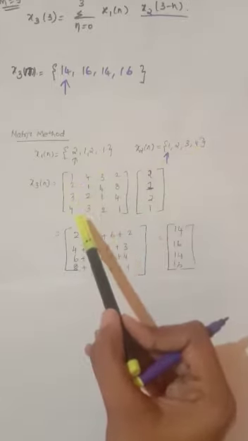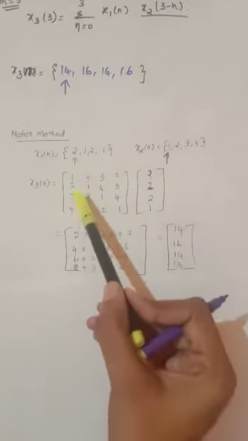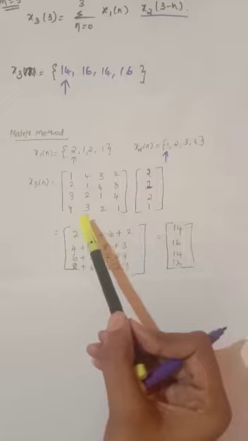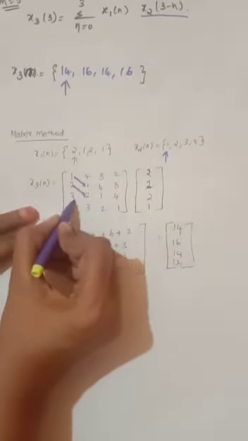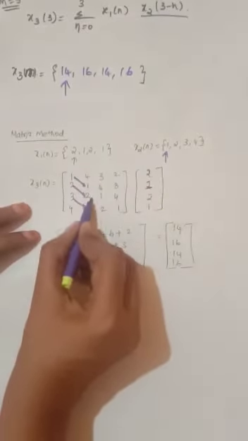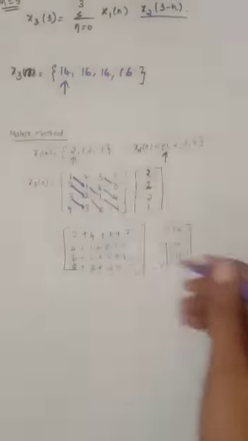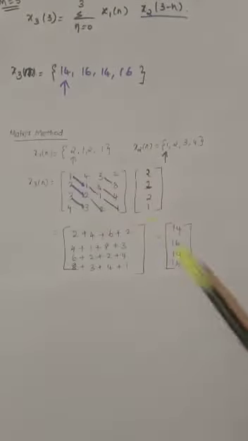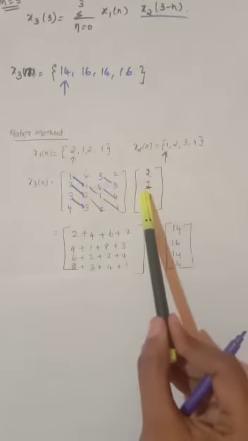Similarly, here I am going to write down this matrix. First I write the original sequence 1, 2, 3, 4. In the next line I shift this by 1 like this, with 4 again here. For the next one I shift like this. We need to perform 4 such shifts.